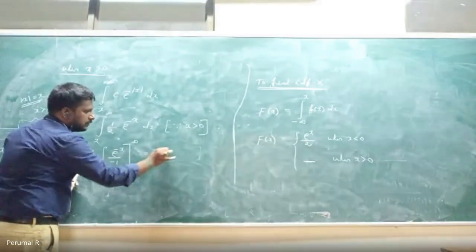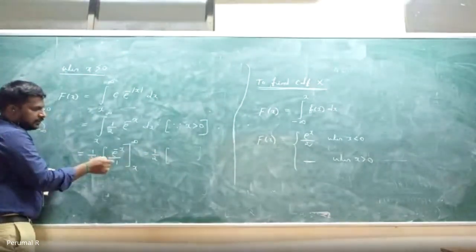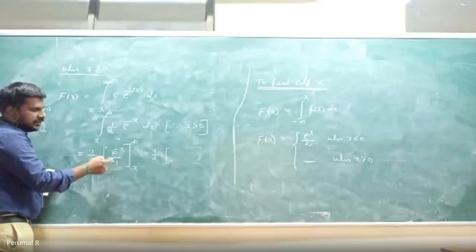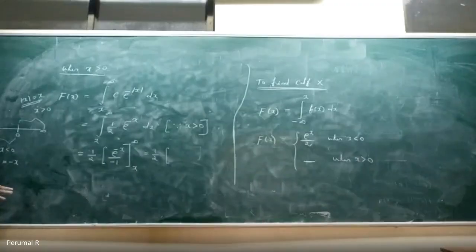So 1 by 2, your upper limit, that means e power x, minus means minus. Sir, the e power on the screen is not visible, sir. Is it okay now? No, sir, it's still white.